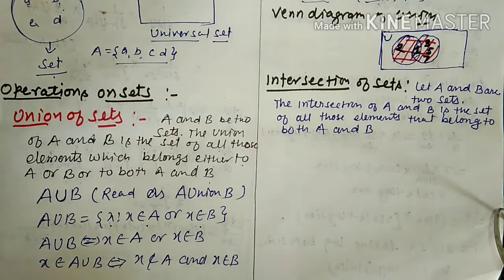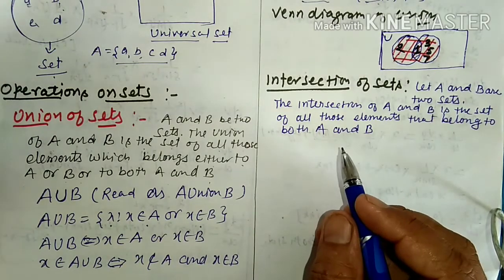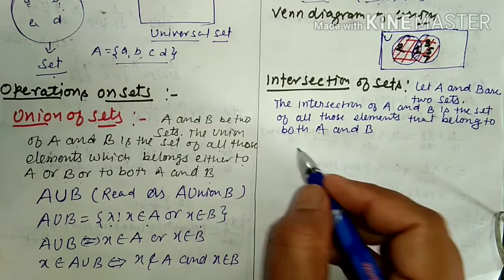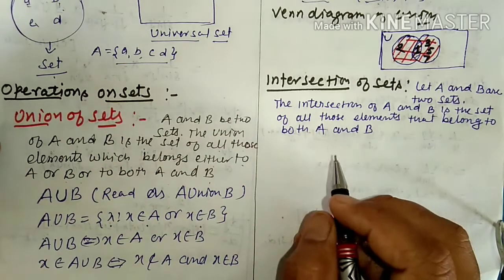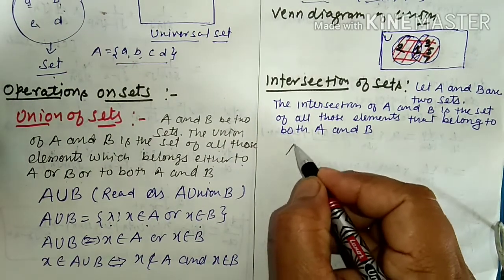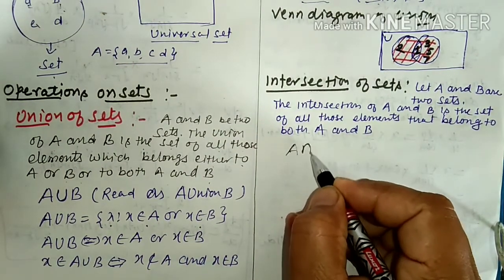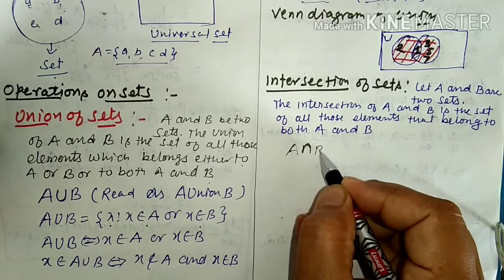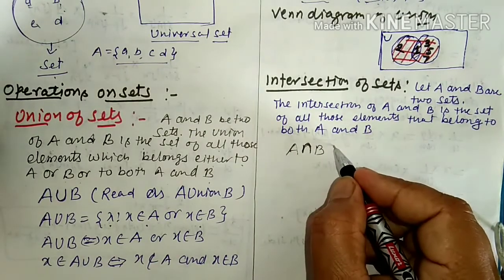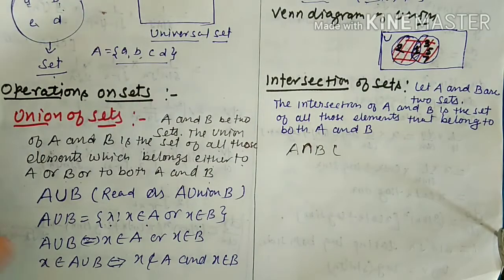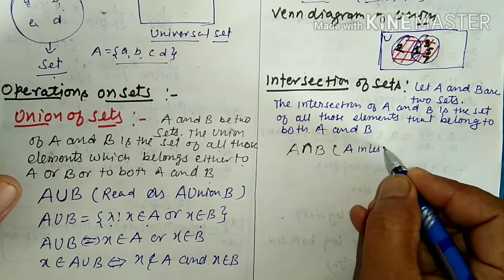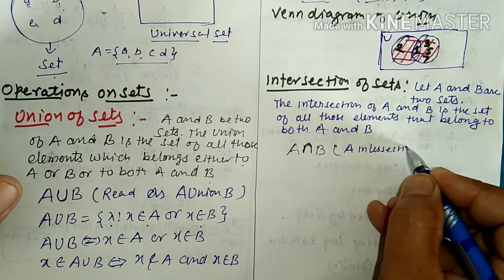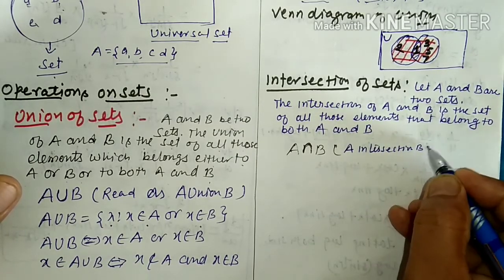So we can understand by an example, but before this I would like to introduce the notation, how we denote this. We denote it by A ∩ B, with the inverted U, and it is read as A intersection B. Clear?